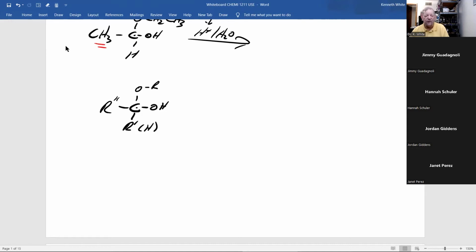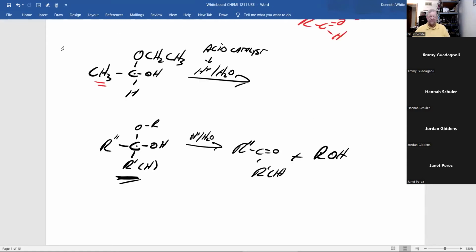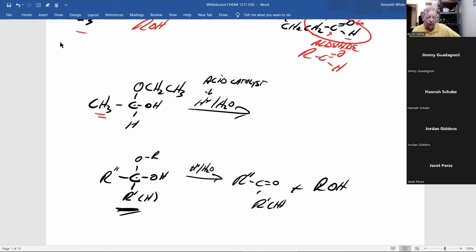And now, when you add acid and water to this hemi-acetal or hemi-ketal, you'll get back the aldehyde or the ketone you would have used to make this compound, plus the alcohol you would have used to make that compound right here. And here, what's our prime? Hydrogen. What's our double prime?